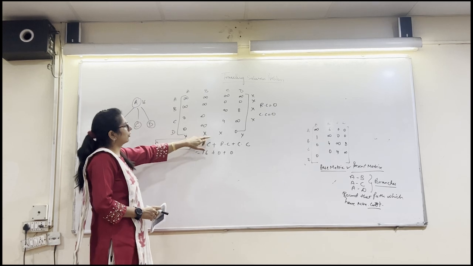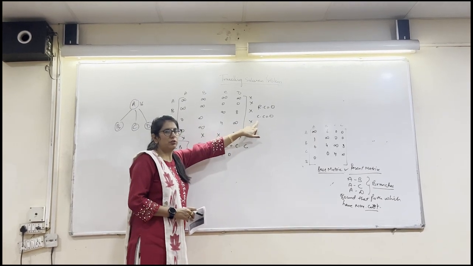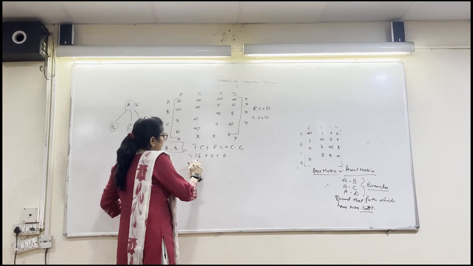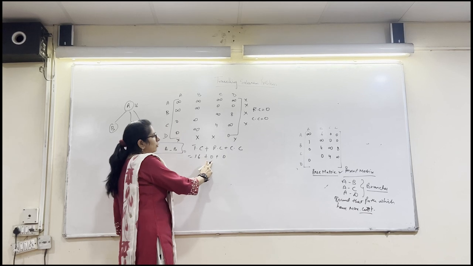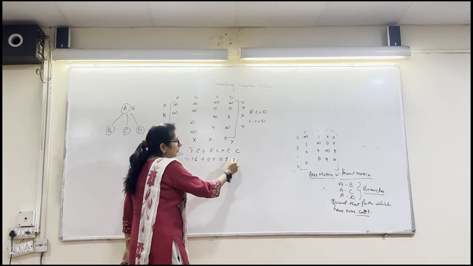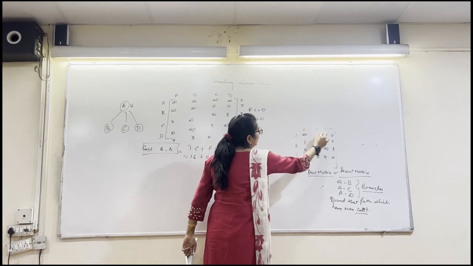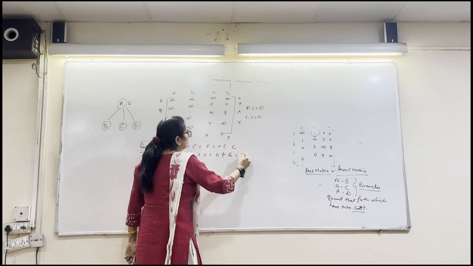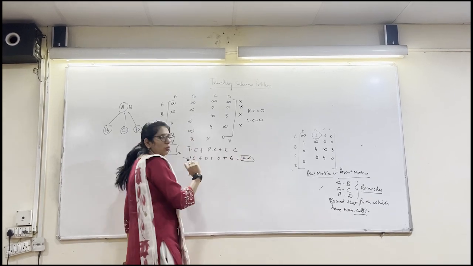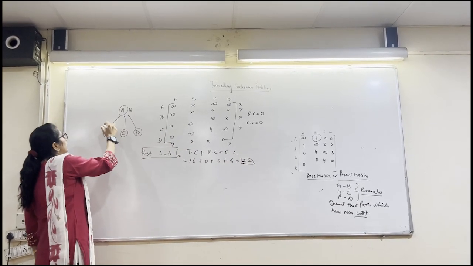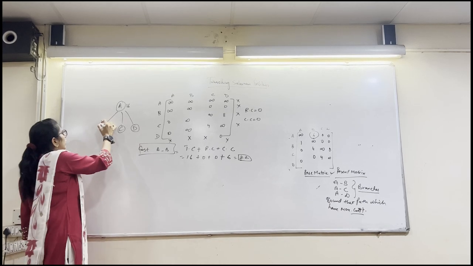So 16 is the previous cost for A, row reduction cost 0, column reduction cost 0, plus the A to B cost in the parent matrix, that is 6. If we add it, we get a cost of 22. It means if you move from A to B, the cost incurred here is 22.